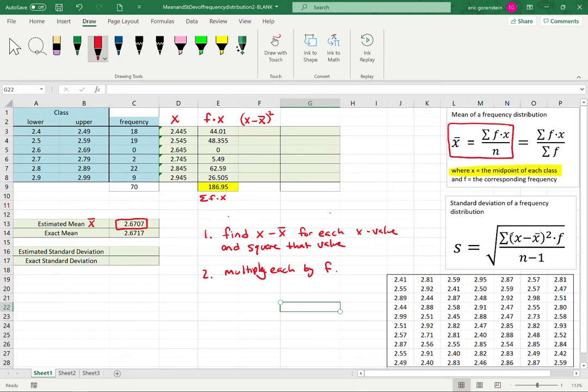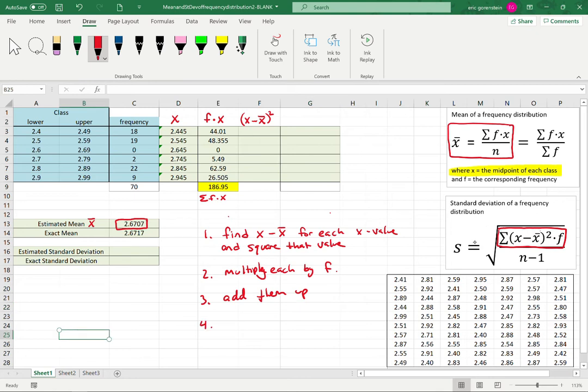So step 1, we'll do x minus x bar squared. Once we have those, we can multiply by f, and that'll get us out to here. Once we multiply each one of those 6 values by f, we can add them up. That's the summation here. Those 3 steps take care of the numerator of that fraction.